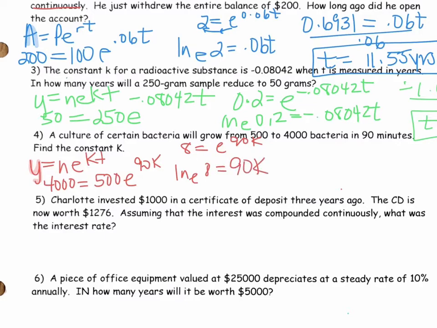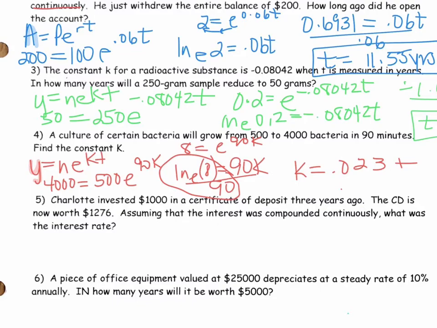If you don't want to put the decimal in, you can just divide by 90, and then you can type this whole entire thing into your calculator. Probably make sure you close your parentheses after the 8. So I get K is 0.023, which is positive, so that means it is growth. And if you look, we went from 500 to 4,000, so we most likely did it correctly.